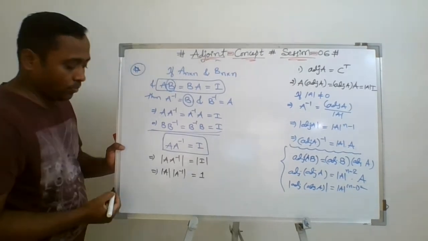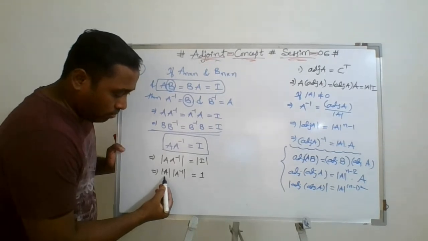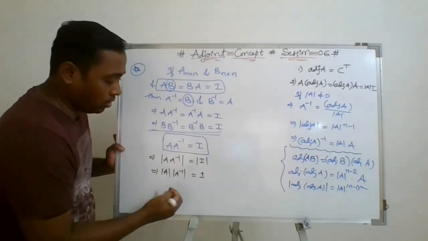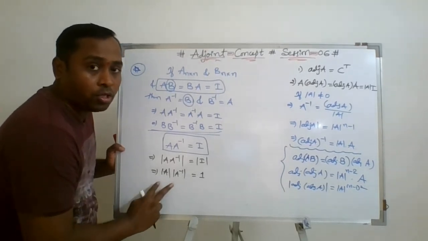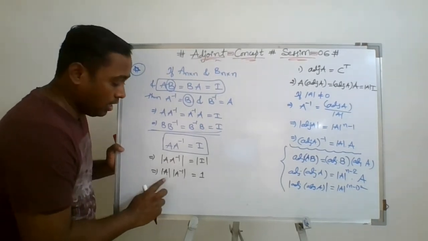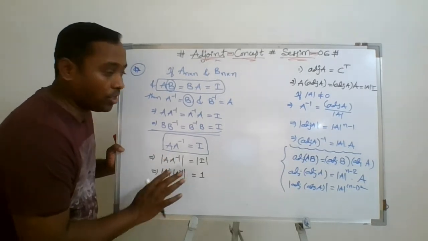So here this is a real number and this is also a real number, as a determinant always gives real numbers only. Now the product of two numbers is 1, which means that definitely det A and det A inverse are not equal to 0.